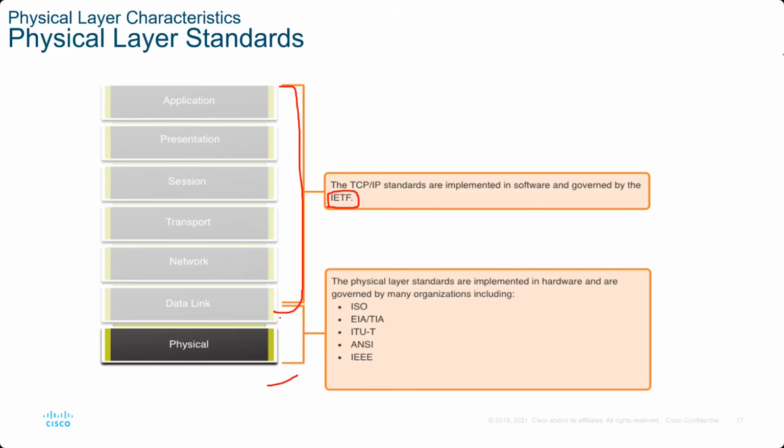For the physical layer and some part of the data link layer, you see this? Some of the organizations are responsible only for maintaining the standards of the physical layer and some part of the data link layer.